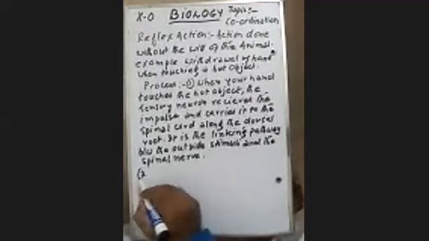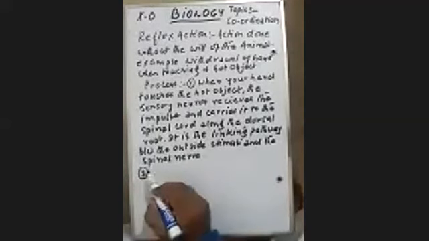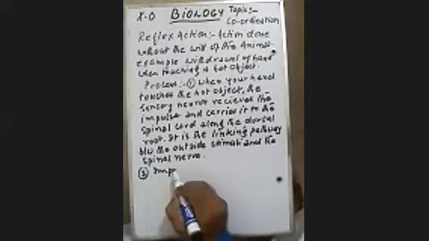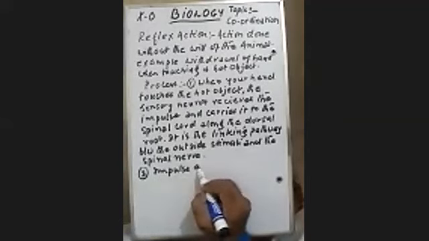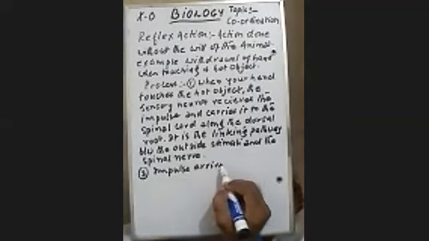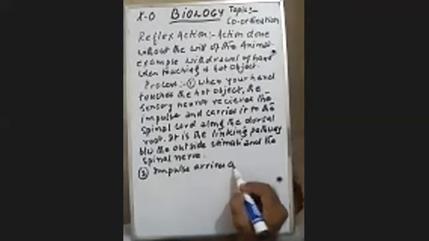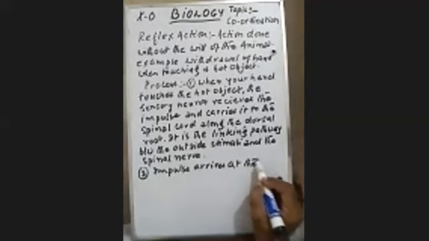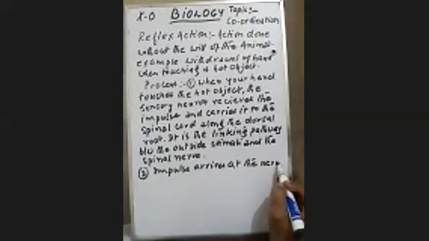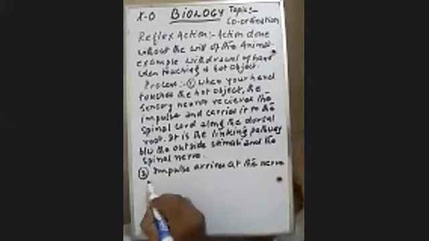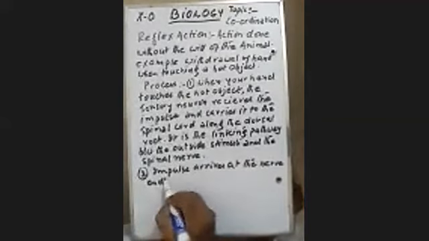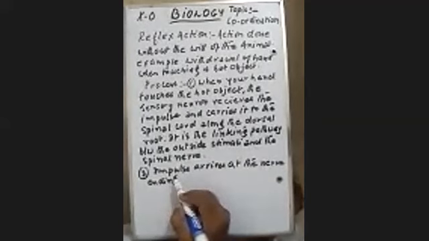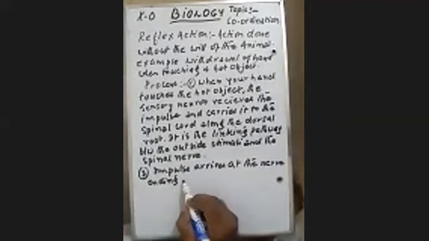Second point, the impulse arrives at the nerve ending of the sensory neuron.